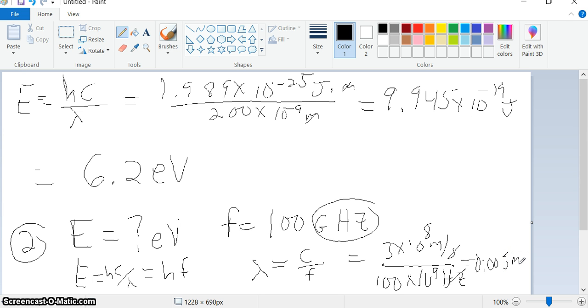Again, you could do this, and I'm going to set it up both ways and we'll calculate it both ways. We'll use the wavelength, and then we'll also use the frequency more directly, with Planck's constant times the frequency, as long as the frequency is in hertz. But our answer will be in joules, so we'll still have to convert to electron volts.